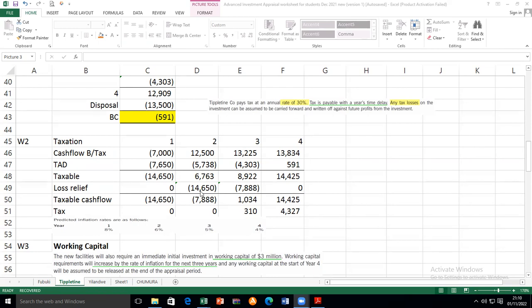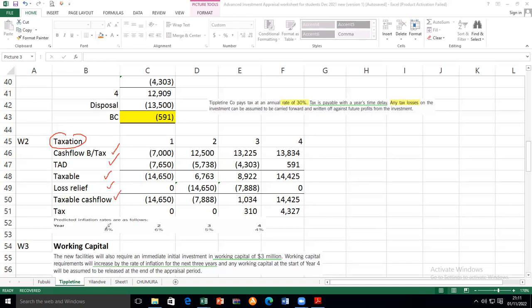In this year, after bringing the loss, we still have the loss of 788, which we carry forward. Now here we've got the taxable cash flows. So what lesson do we want to pick from here? Please borrow this format and use it.